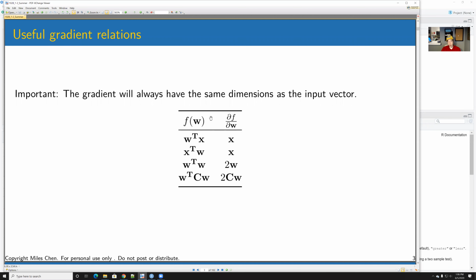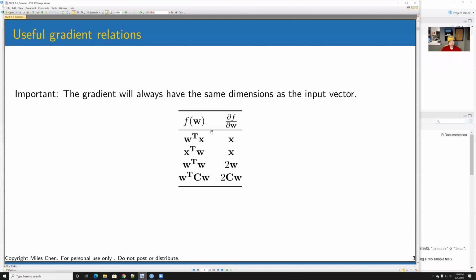And what we're doing is taking the derivative, or the gradient, of this single scalar output with respect to a vector w. And when you do that, the gradient has the same dimensions as w. So in our case, w is a 2x1 vector, and therefore the gradient of f of w is going to be a 2x1 vector.